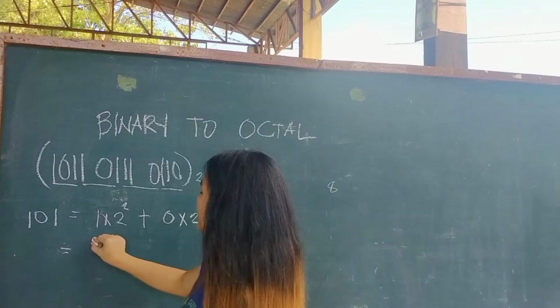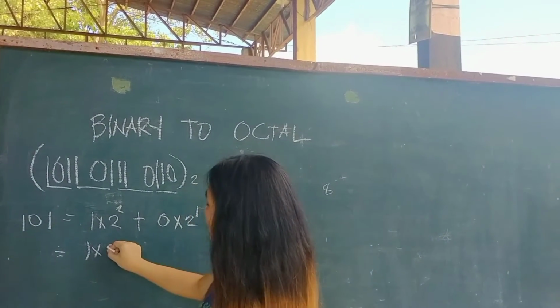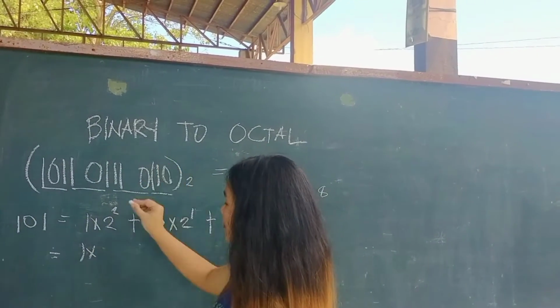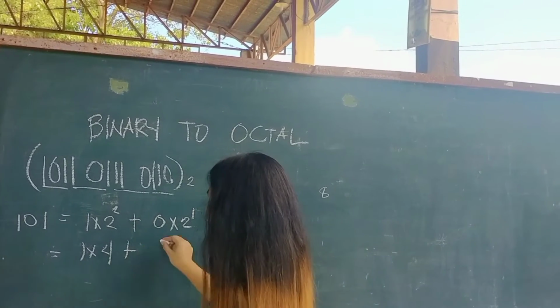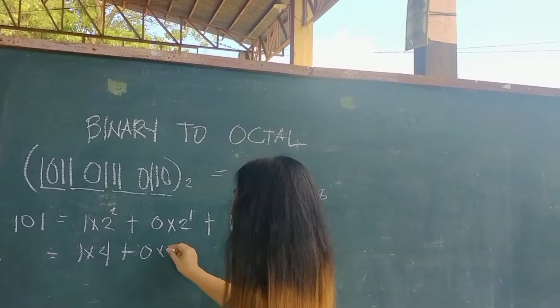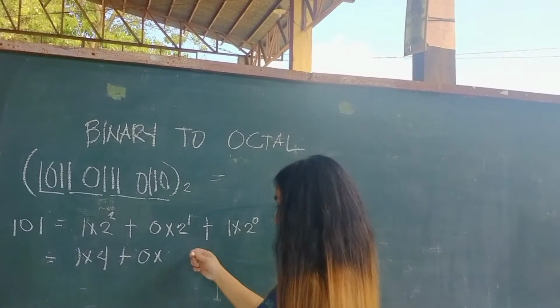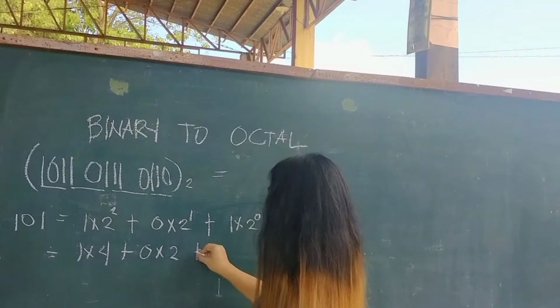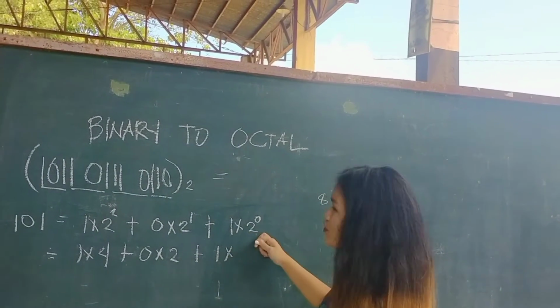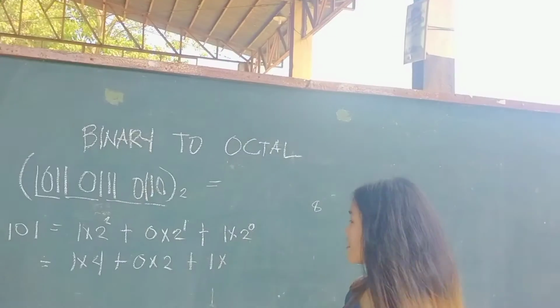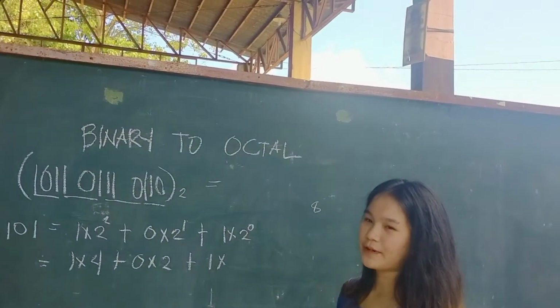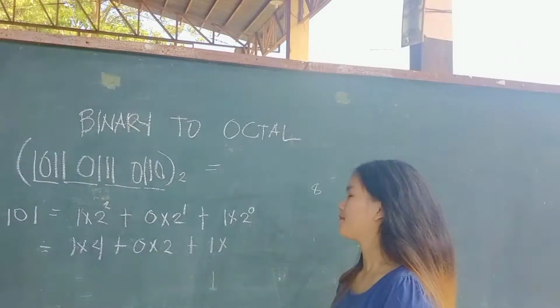So, 1 times 2 raised to the power of 2 is equal to 4, plus 0 times 2 raised to the power of 1 is equal to 2, then plus 1 times 2 raised to the power of 0 is equal to 1, as per the rule of math.